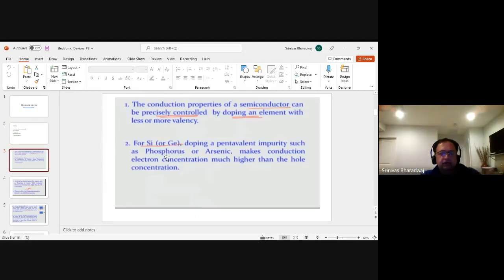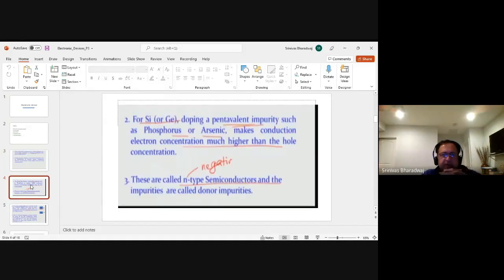Phosphorus is 5, arsenic is also 5, while aluminum is 3. Phosphorus is a pentavalent impurity.